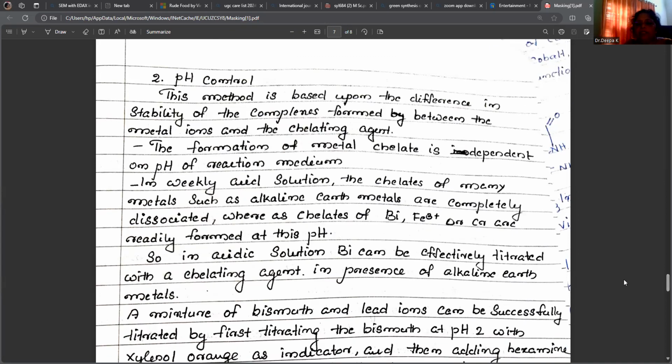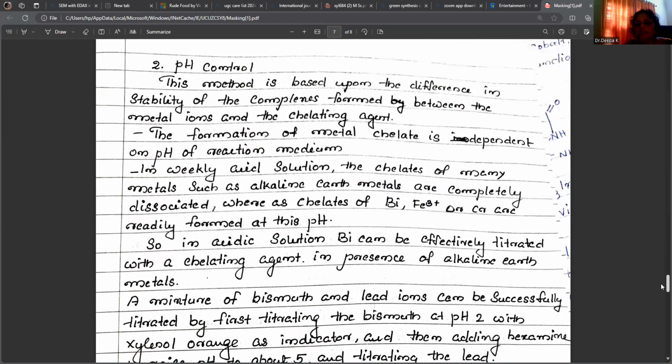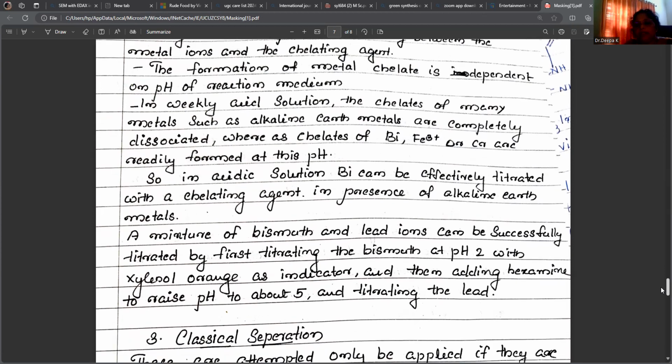A mixture of bismuth and lead ions can be successfully titrated by first titrating the bismuth at pH 2 with xylenol orange as indicator, and then adding hexamine to raise the pH to 5 and titrating for lead.